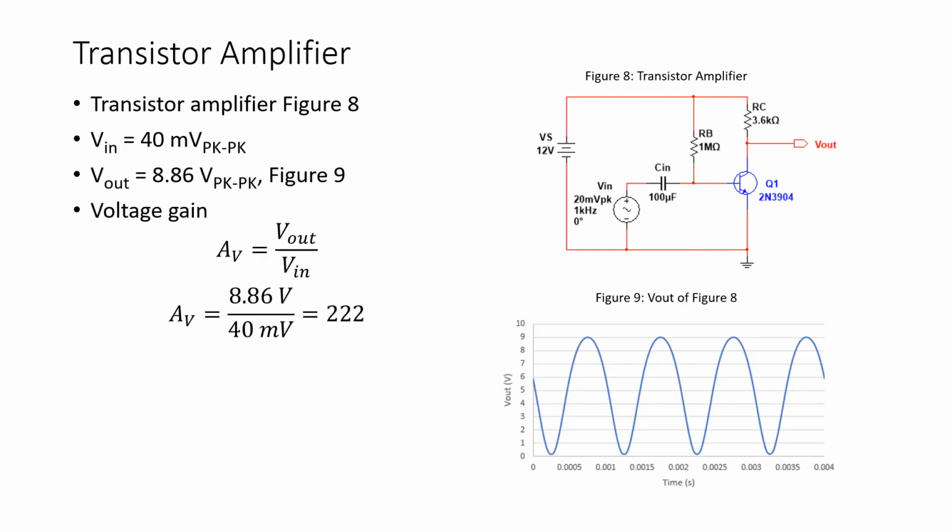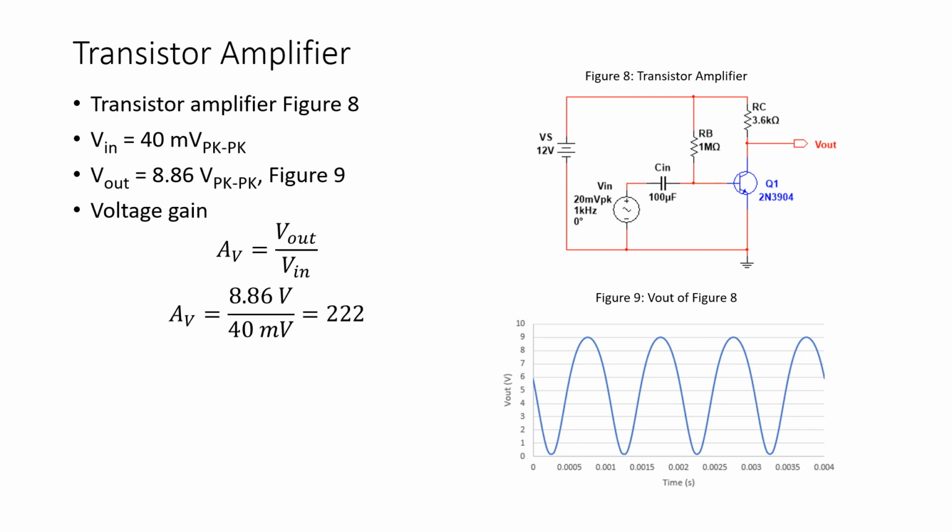So for this transistor amplifier circuit of figure 8, I ran this simulation in Multisim and captured and then plotted out the output voltage as shown in figure 9. The input voltage was 40 millivolts peak to peak, 20 millivolts peak.